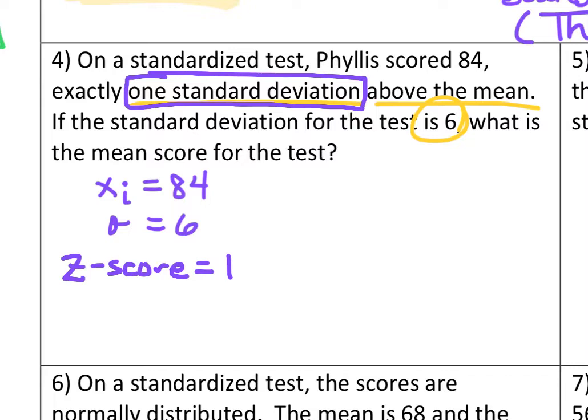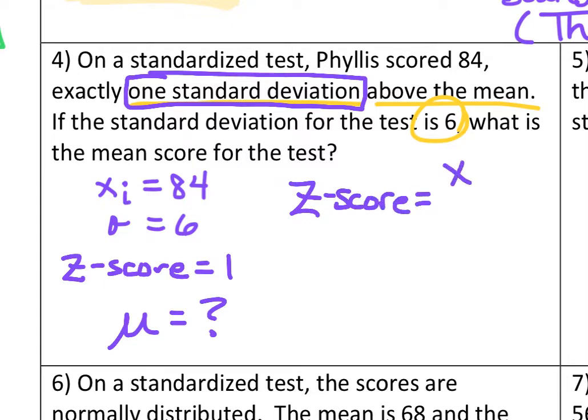So the question is asking what's the average score on that test, and you could probably just use your intuition to find that algebraically, but if you're not sure, use the z-score formula, which says that it's the data element value minus the mean divided by the standard deviation.